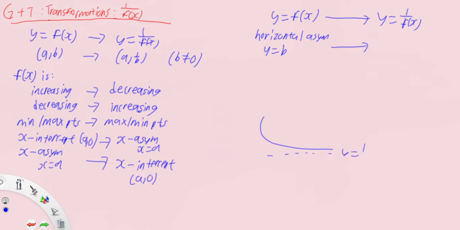That means your values are approaching b. Now if we take the reciprocal, your values will instead be approaching 1 over b. That is the truth, right? Your denominator approaches b, your value would then approach 1 over b. Therefore, we have another horizontal asymptote, let me get rid of the bottom graph first, at y equals 1 over b.